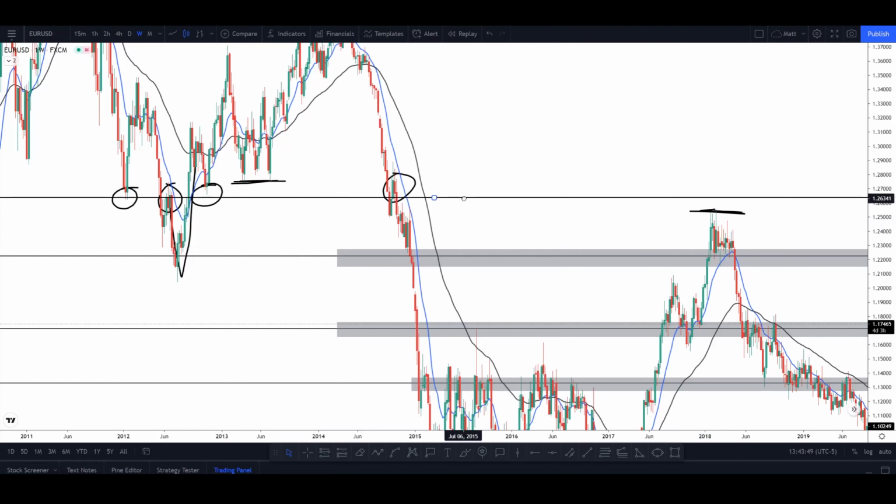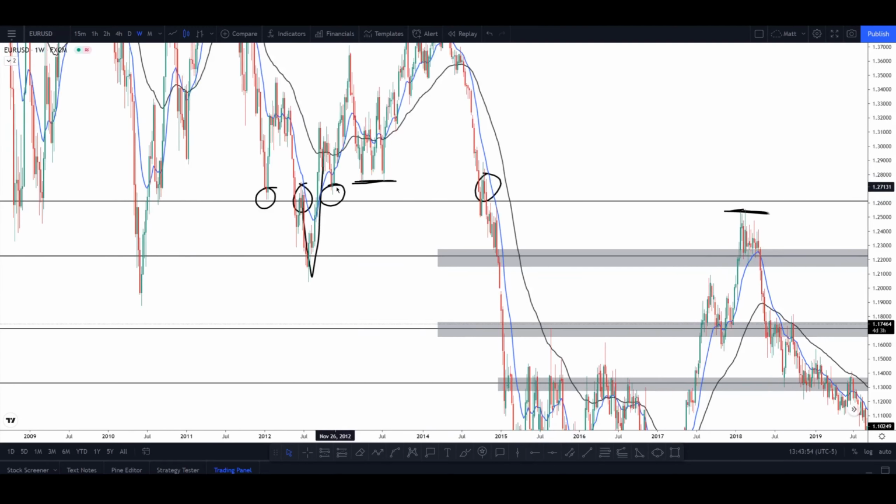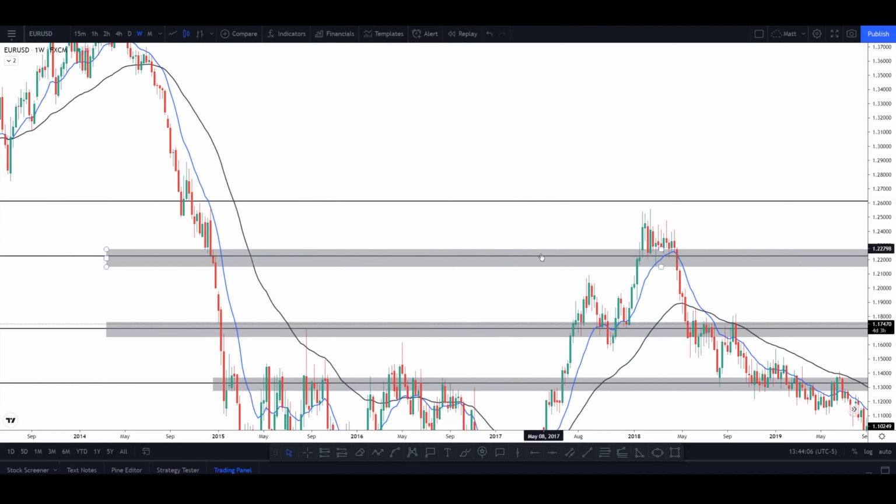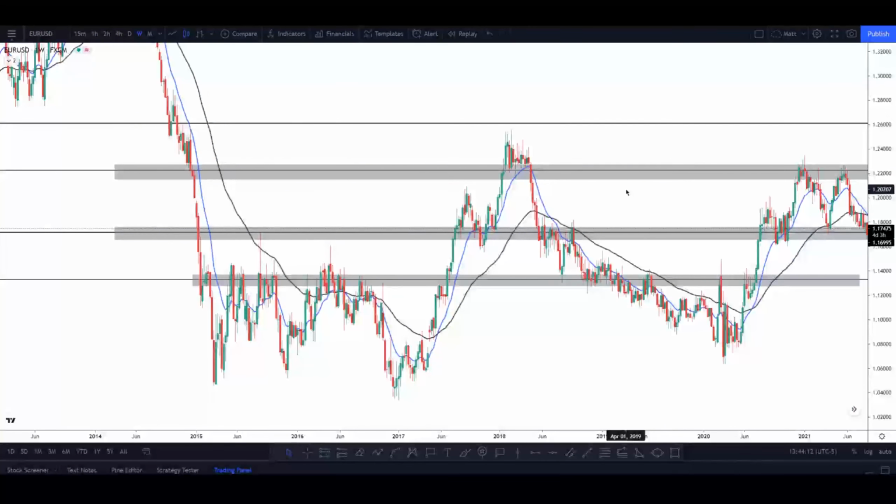So right around this region is roughly where I would draw my next resistance. And again, if we were to measure this out, if we were to take the measuring tool, then we can see this is about, let's see, 450 pips away. So roughly on the weekly chart, we can see that every 400 to 500 pips or so, that's where our next level of support or level of resistance is at.